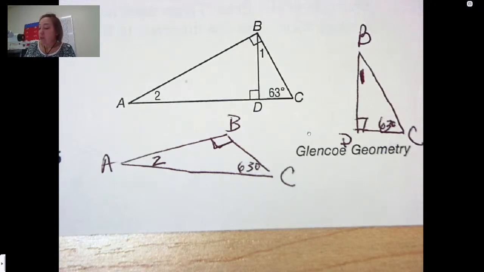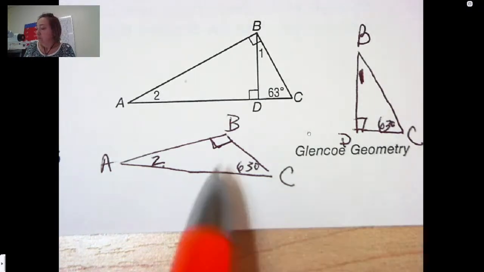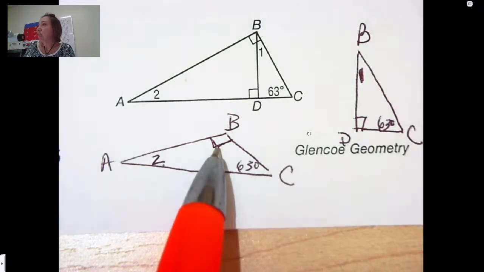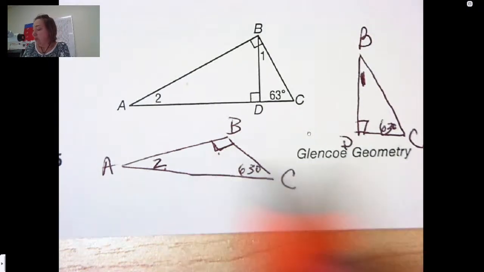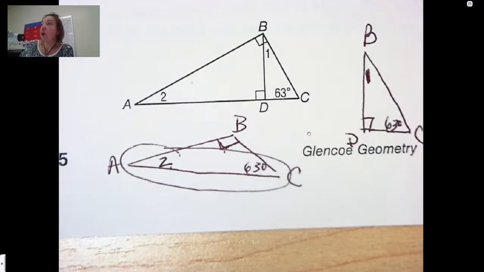All right, so let's look at this right here. How can we find that angle 2? Well, we know that one angle is 90. That means what do these two have to add up to? Well, all three of them have to add up to 180, but those two have to add up to 90.